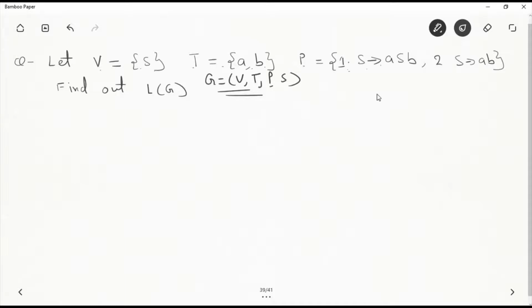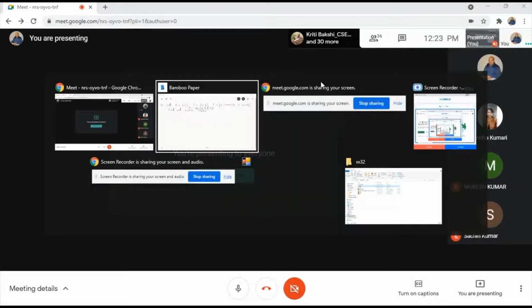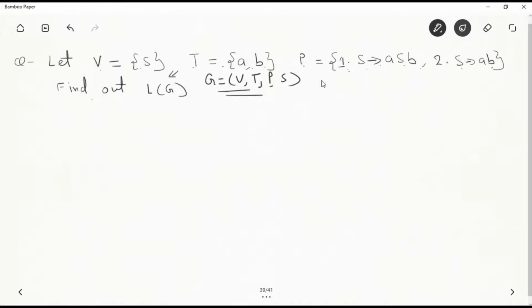Number one is S is rewritten as aSb, and number two is S is rewritten as ab. You have to find out the language generated by G. Is the question clear?